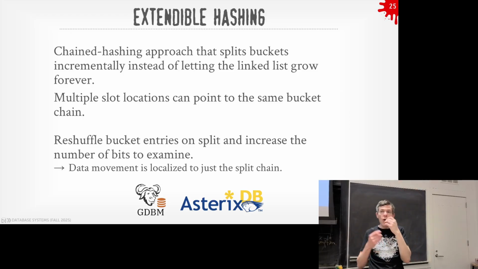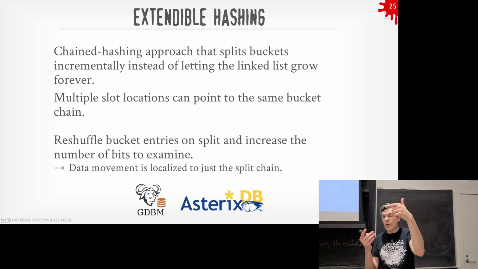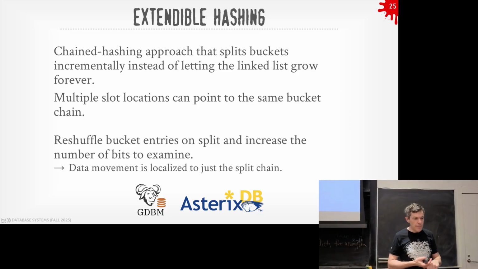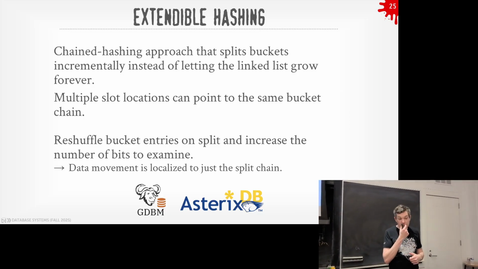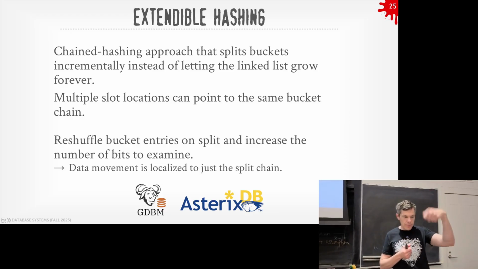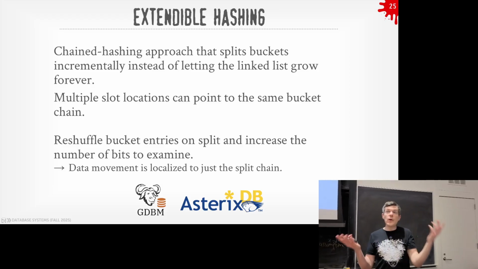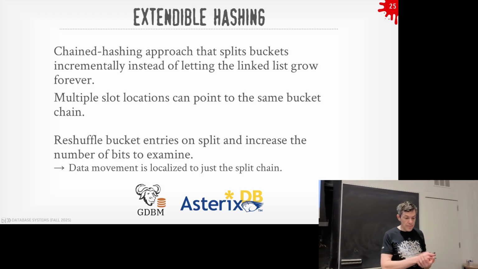So the bucket chain can't grow forever. Every chain is going to only have one bucket in it, right? But the game they're going to play to make this all work is they're going to allow multiple locations in our bucket array to point to the same bucket. And that's going to be okay, right?